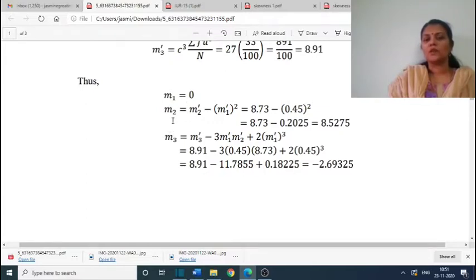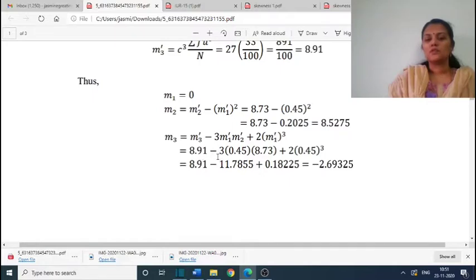Thus we know the formula for m1. m1 is equal to 0, m2 is equal to m2 dash minus m1 dash square, which is equal to 8.73 minus 0.45 square, which is equal to 8.5275. Now m3 is equal to m3 dash minus 3 m1 dash m2 dash plus 2 m1 dash cube.